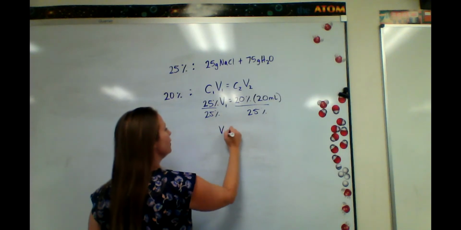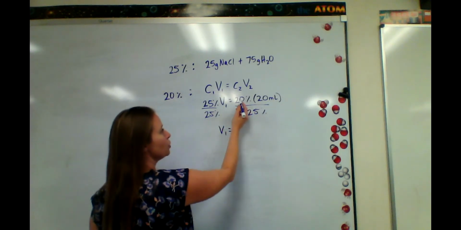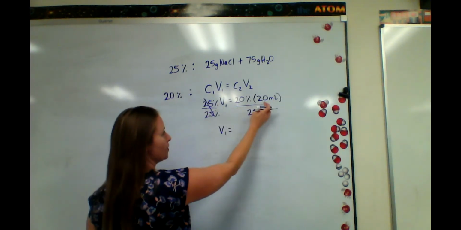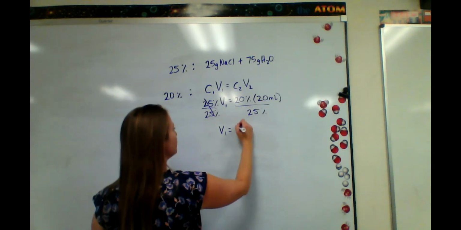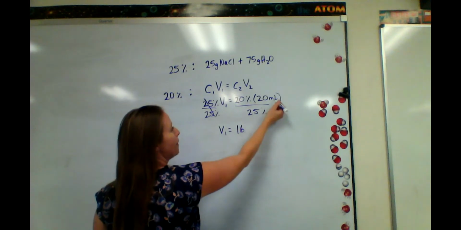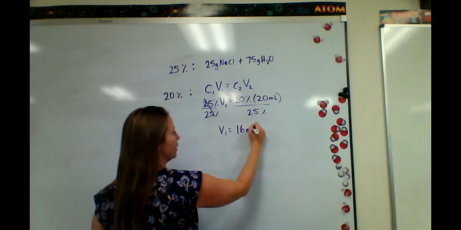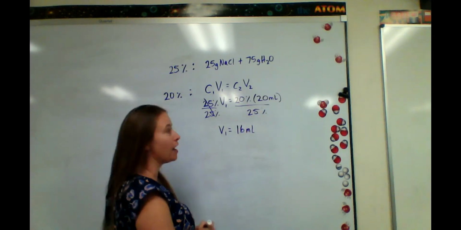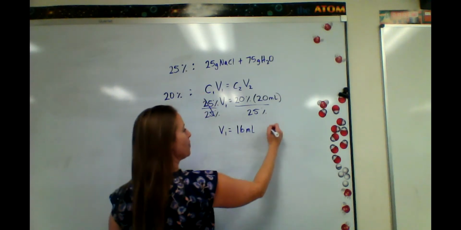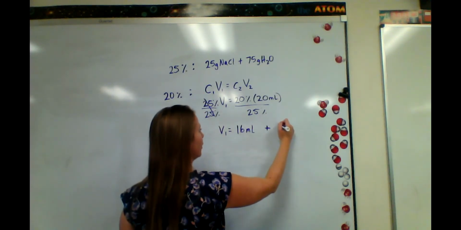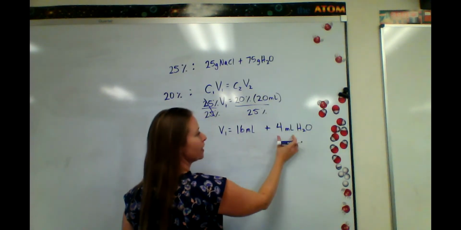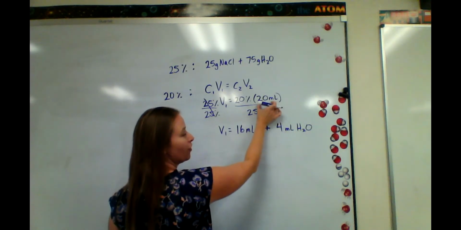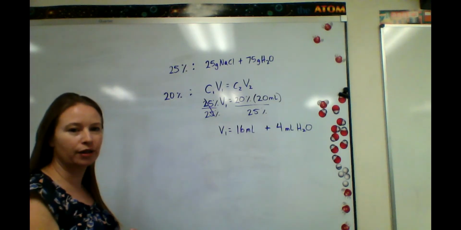And V1 is going to be equal to 20 times 20 divided by 25. And that should give us 16 milliliters because percentages have canceled out. So 16 milliliters of my stock solution, plus we are going to add 4 milliliters of H2O to get to a total combined volume of 20 milliliters that we calculated.